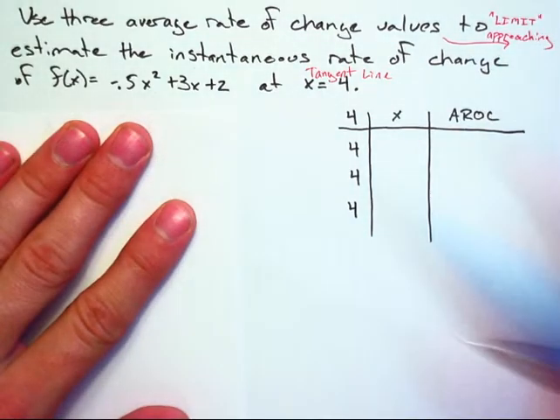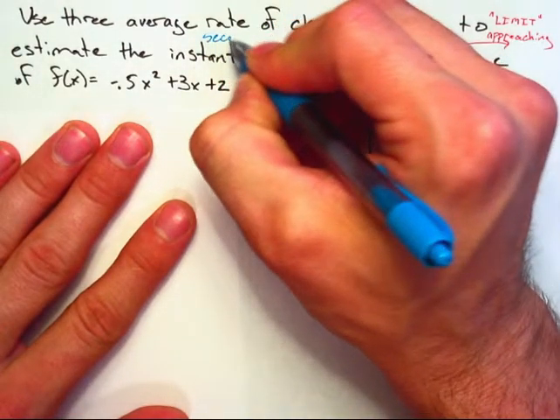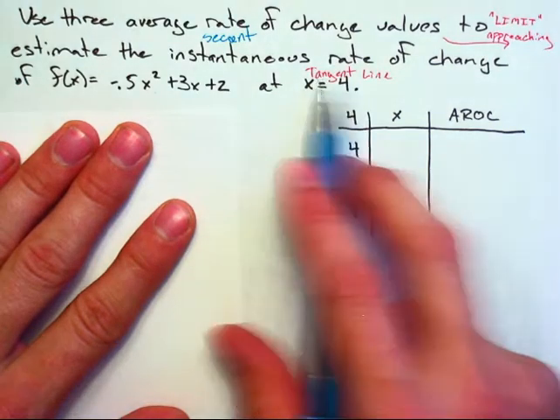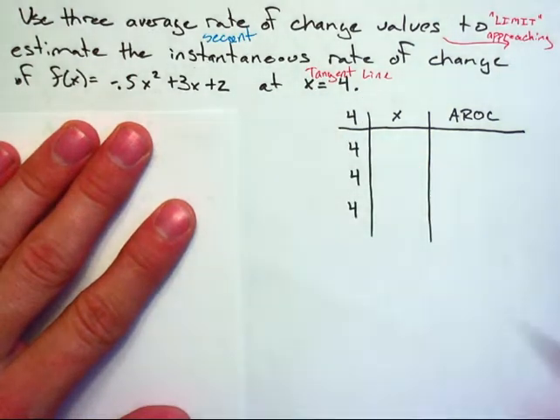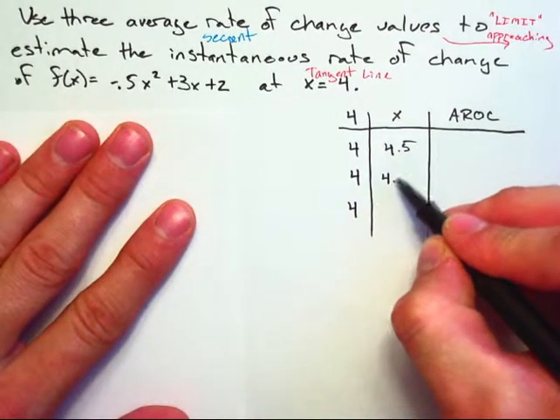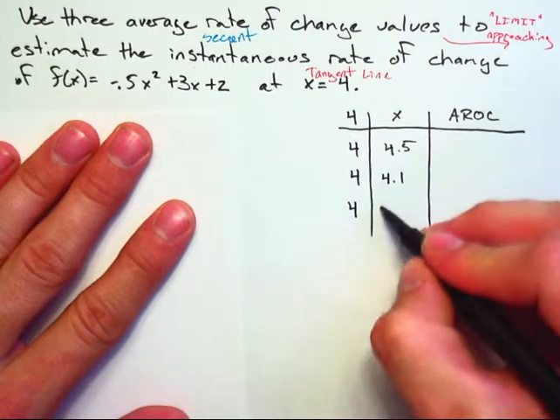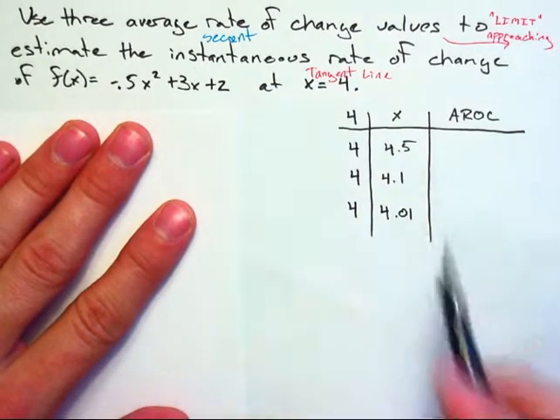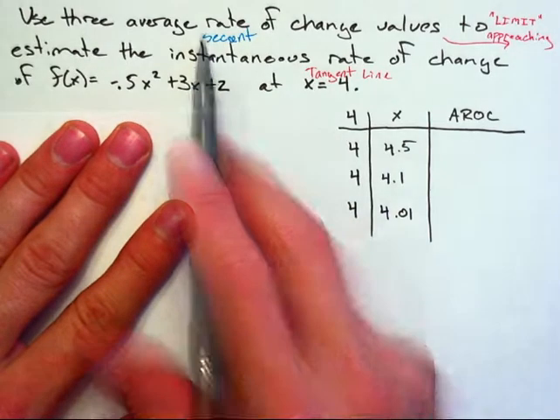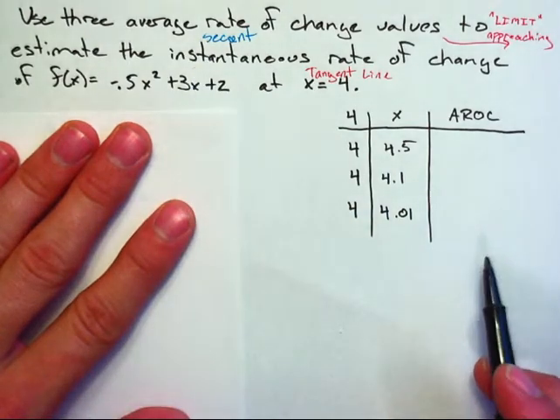The average rate of change is the secant line, which is why you need two values, 4 and something else, but we want to get closer to the tangent line, so we pick out values that are getting closer. So let's say 4.5 is pretty close, but we can do a little better, 4.1, and we can do even better than that, 4.01. So now these are the intervals we're going to use to find the average rate of change, to look at those values and hopefully see what it's approaching.